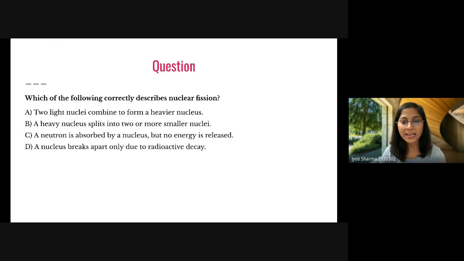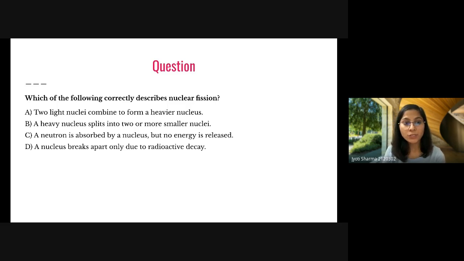Okay, we have the last three questions, very basic questions about nuclear fusion and fission, because this was the last unit of week 6. So the last third question is, which of the following correctly describes nuclear fission?